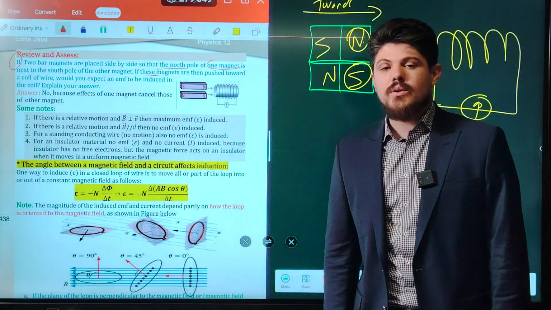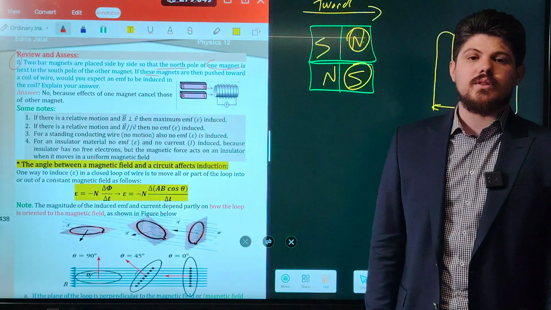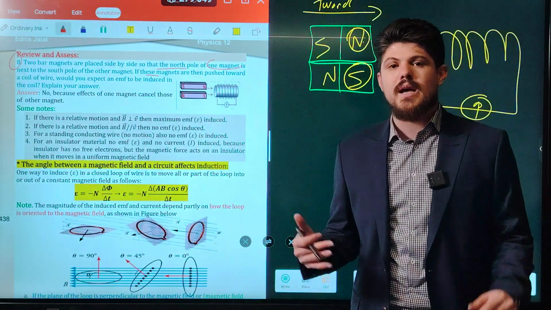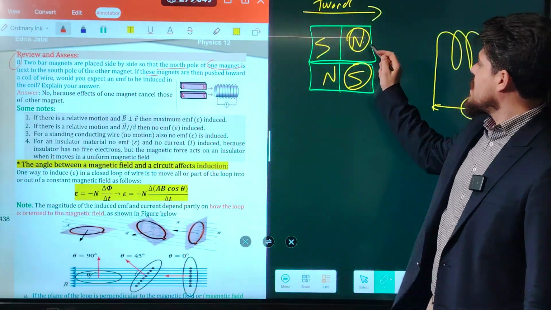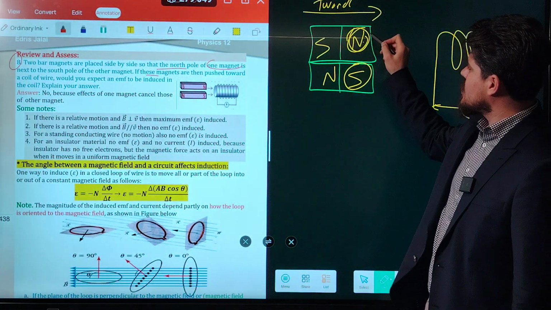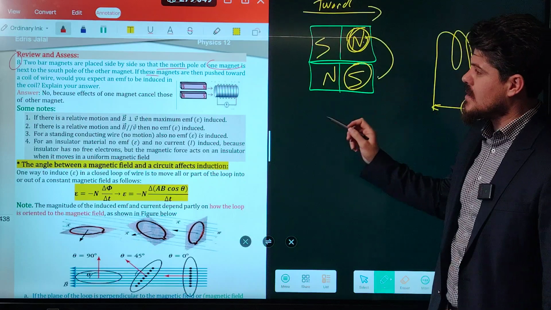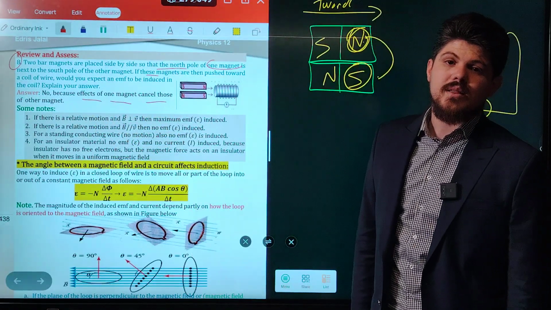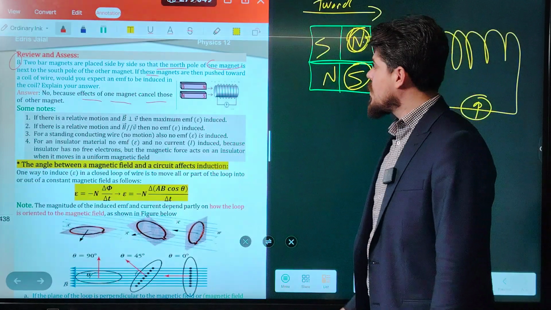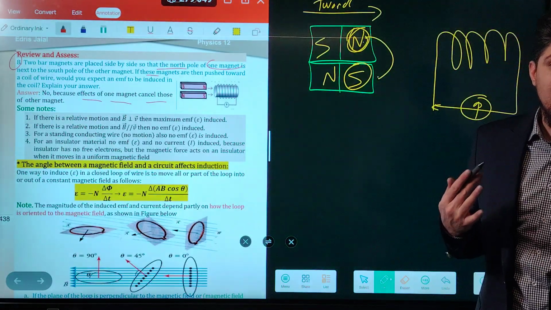No. There will be no induced EMF by pushing the magnet into the coil. Why? Because the effects of one magnet cancel those of the other magnet. So these two fields cancel each other.